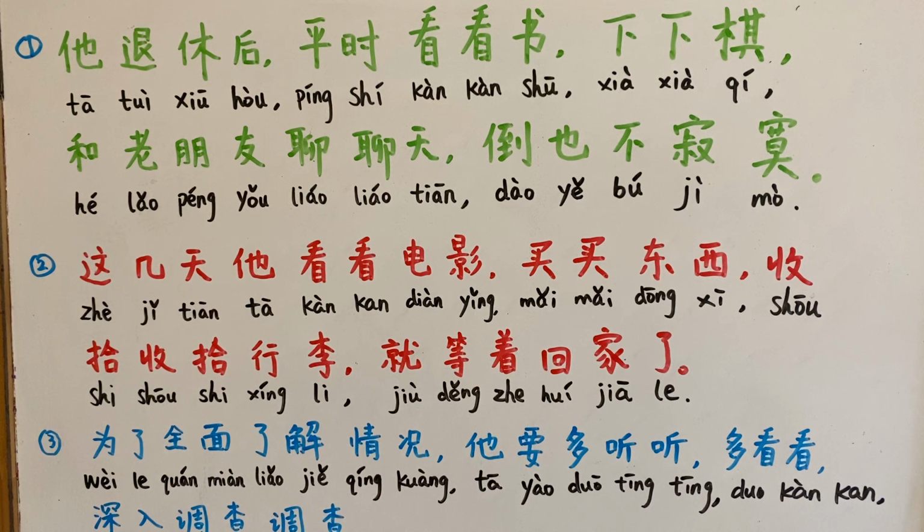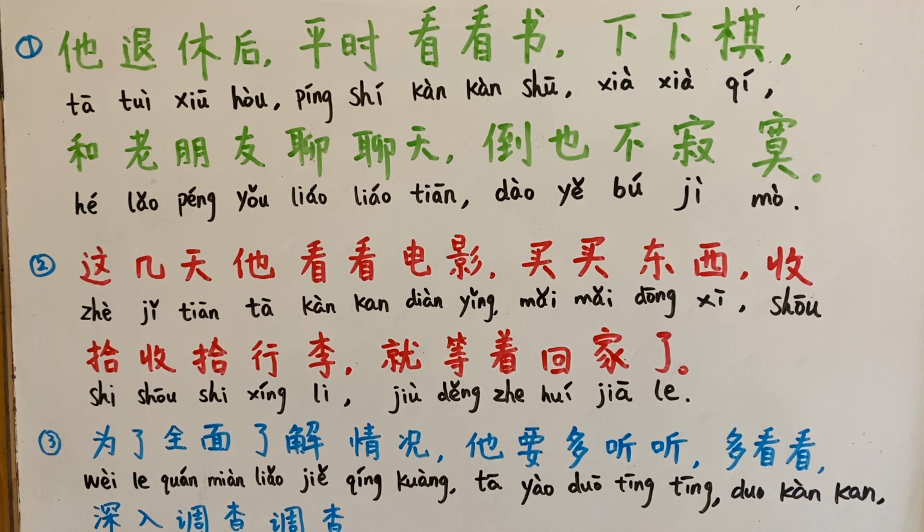We're going to continue our talk on verb reduplication in Chinese. We have talked in the previous episode that this verb reduplication can be used both in past tense and future tense.